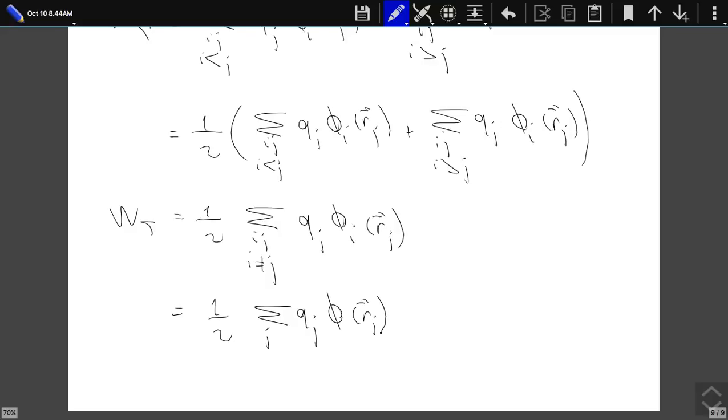There's a single catch though. The potential at the point rj, by its definition, would imply that we are summing over all point charges. But when I am summing, I am summing only over i different than j.